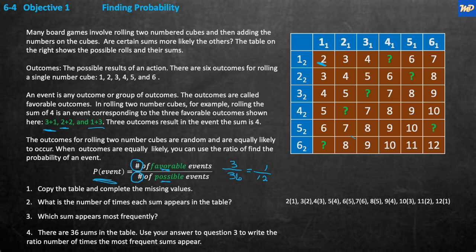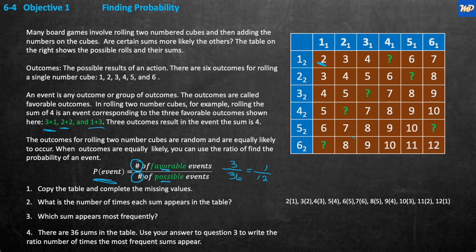So 1 in 12 times. If you throw the cubes 12 times, the chances are straight even that you'll get at least one 3 of those 12 times.